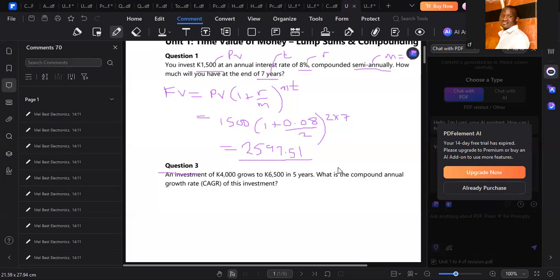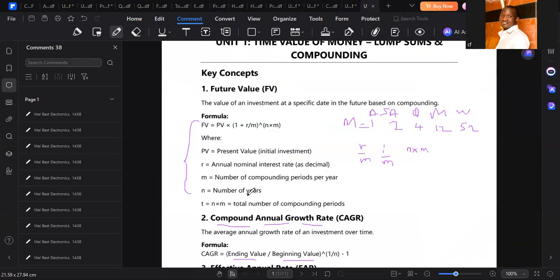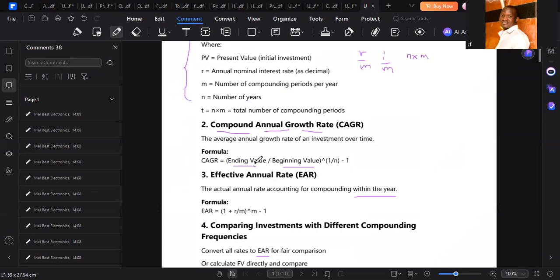To calculate the compound annual growth rate, the compound annual growth rate is simply equal to the ending value over the beginning value, or the present value, to the power 1 over n, minus 1.